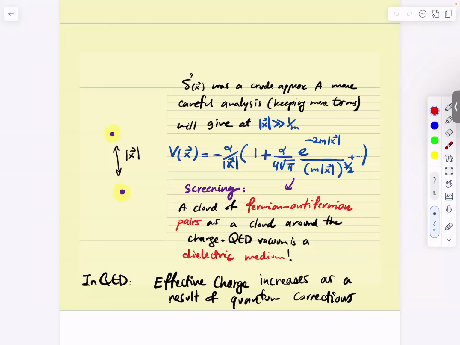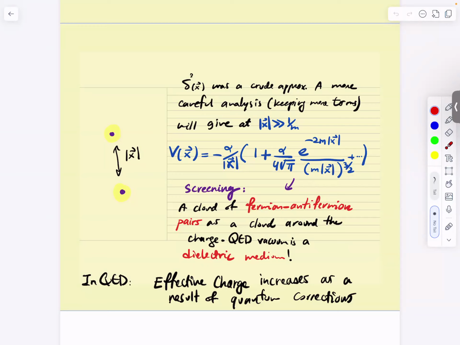Now, it means that the vacuum of QED is like a dielectric medium due to quantum fluctuations. These are honest to goodness quantum fluctuations. And in particular, because we're in the low energy limit, they never go on shell. We're not even close to pair producing. We're not even close to the threshold.